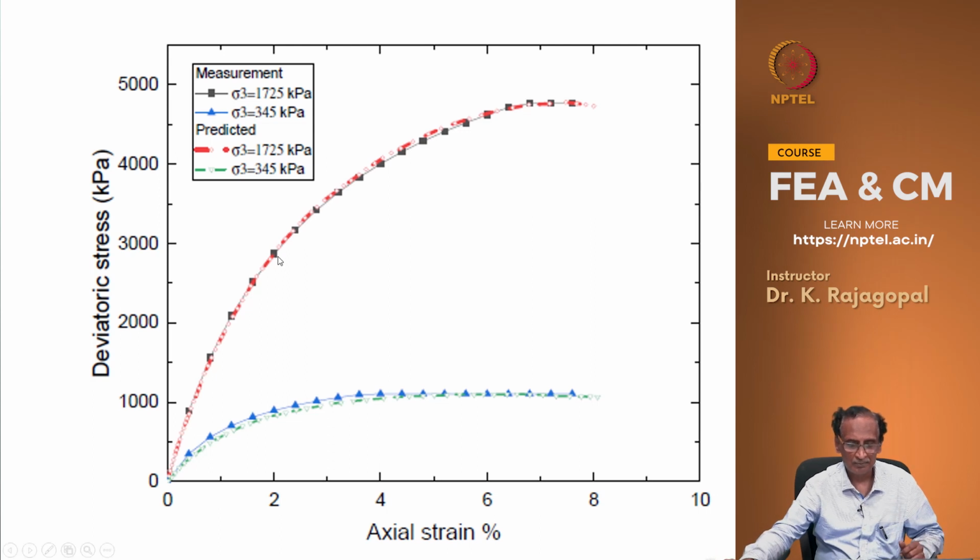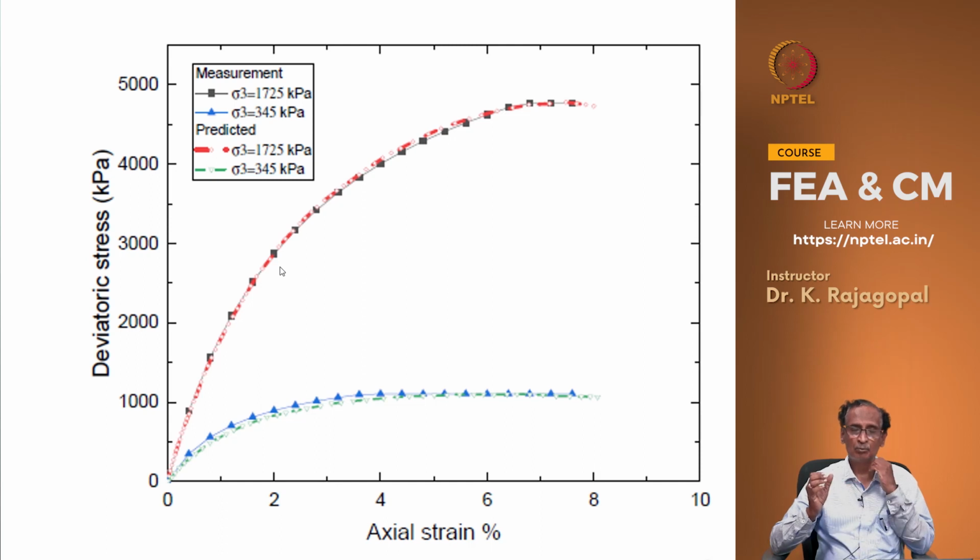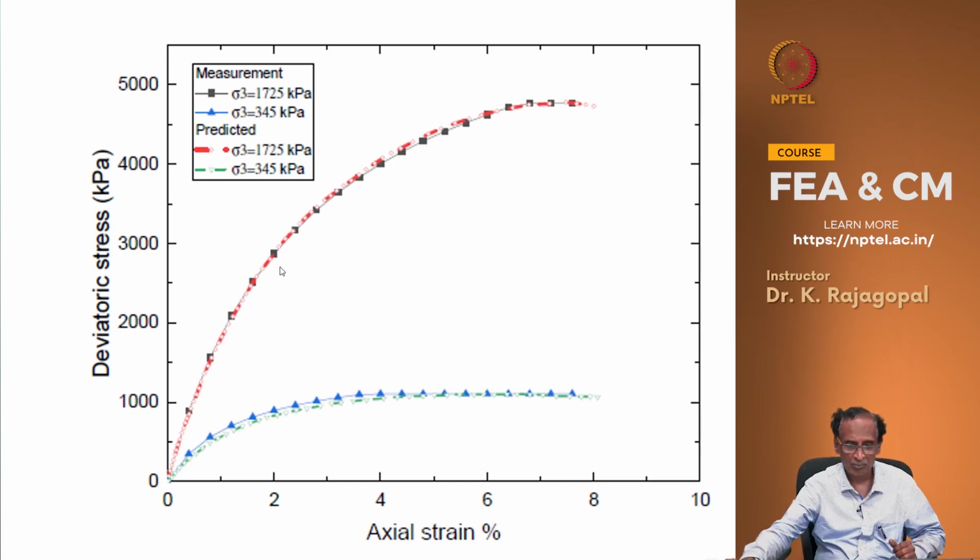So, our hyperbolic parameters were estimated based on only two values, one at 70% stress level and the other at 95% stress level, but still we are able to get a good prediction at all the stress levels.